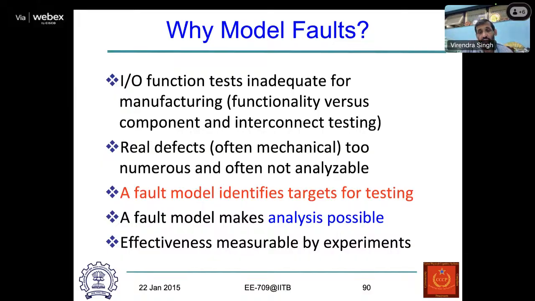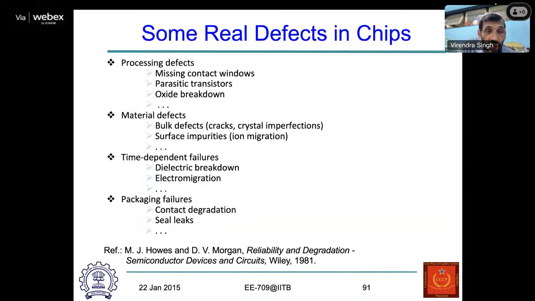Effectiveness is measurable; this also tells you how effective your test vector is. Now defects can be numerous, for example processing defects. That means there can be a missing contact window, a parasitic transistor formation, an oxide breakdown, a defect in the material, or a bulk defect.